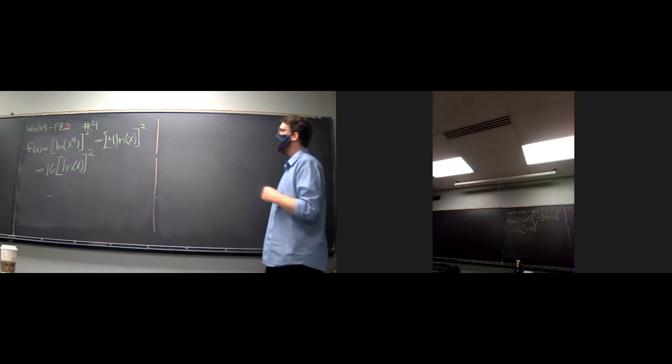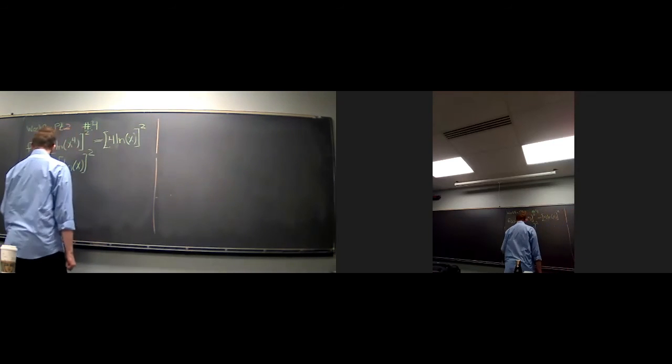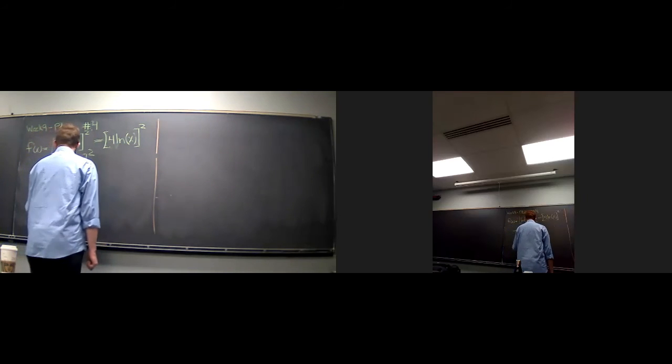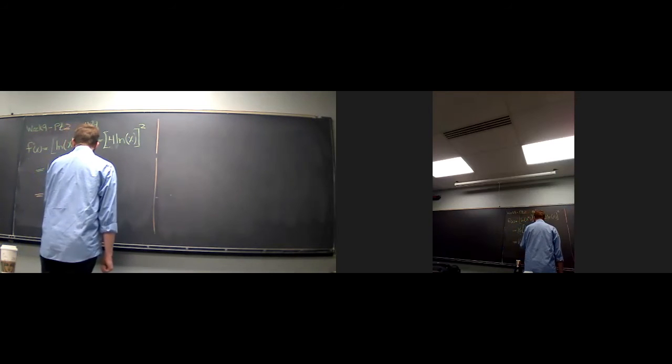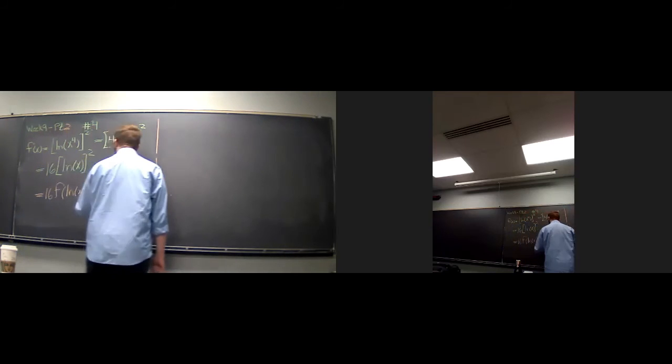All right, now notice a couple things here. We've got a few different functions going on. We can think of this as 16 times f of x of ln of x. f of x is equal to x squared.